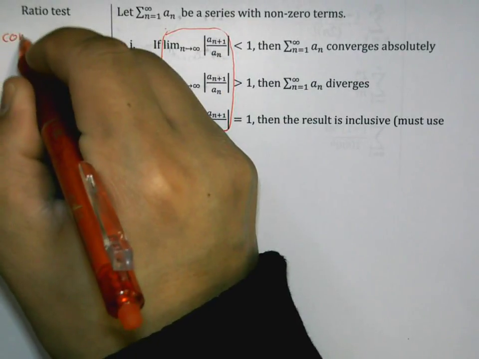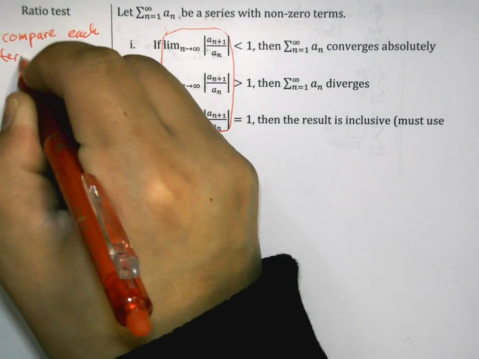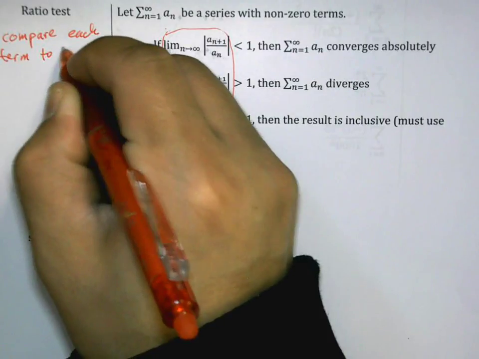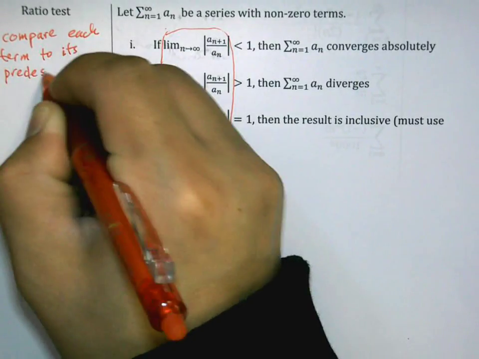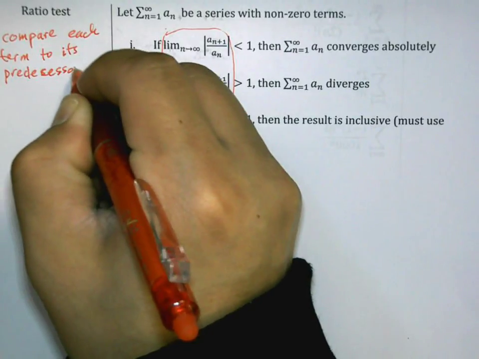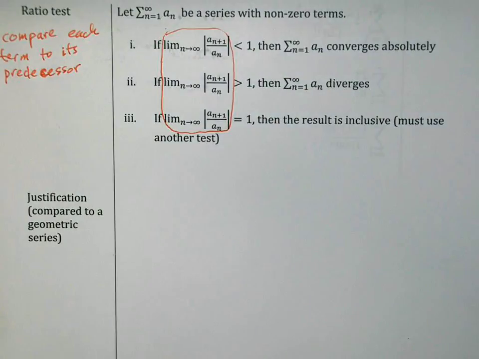Okay. So what this is saying is that we are comparing each term to the term before. Okay. So this is another way of saying compare each term to its predecessor. Okay. And there are three cases.